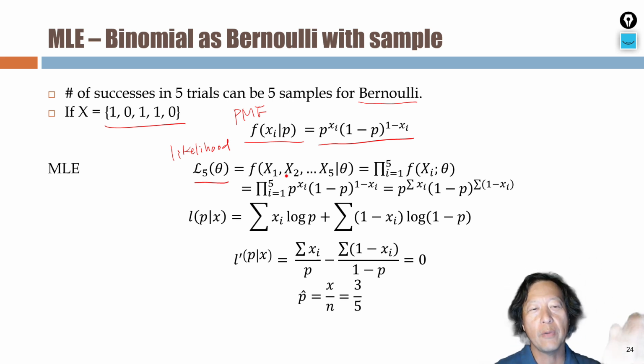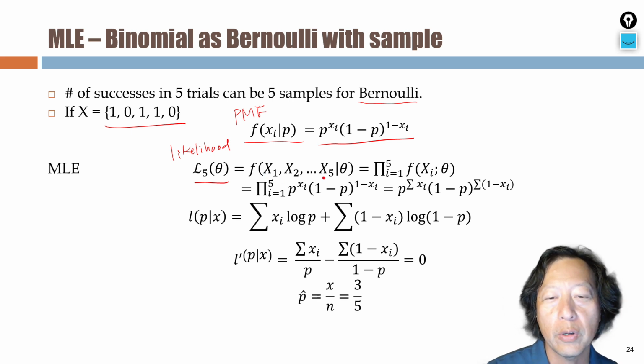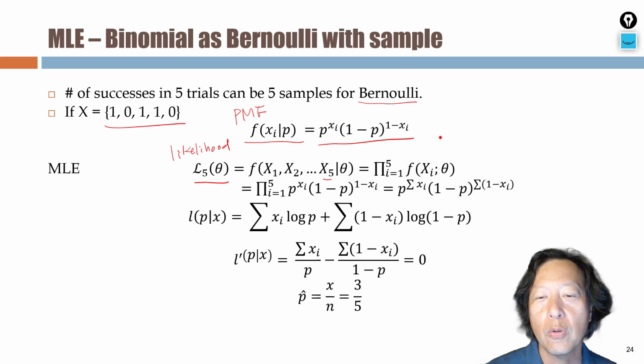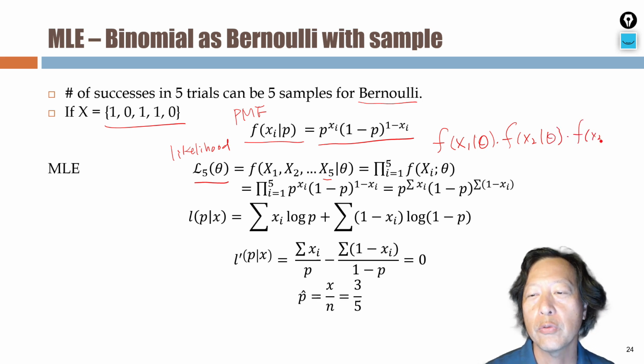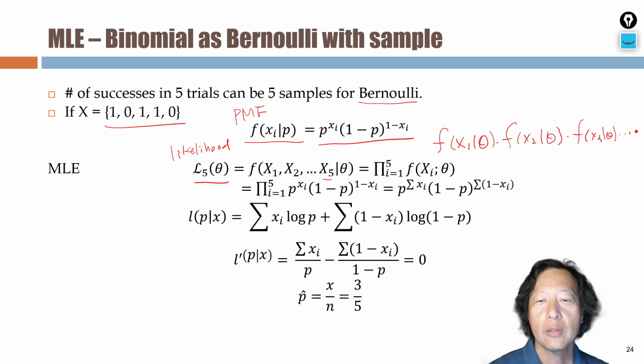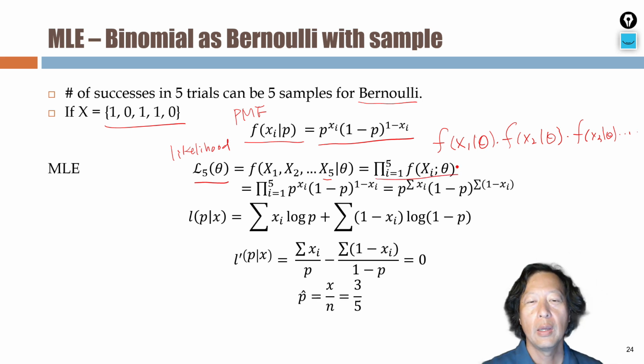We observe 5 results, so we have x1, x2, x3, up to x5. So we have to see the probability of observing x1 given theta, and then observing x2 given theta, and then x3 and so on. That is expressed in this form.